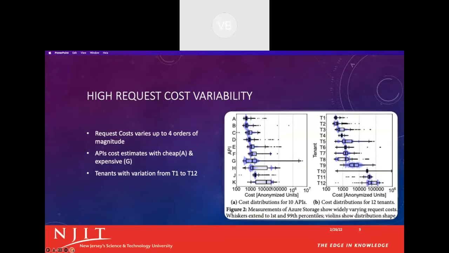The API cost estimates depict that A is cheap and the G API call is expensive. On the other hand, the other graph shows the variation for the different tenants from T1 to T12. All these API and tenant cost distributions are from the Windows Azure platform.